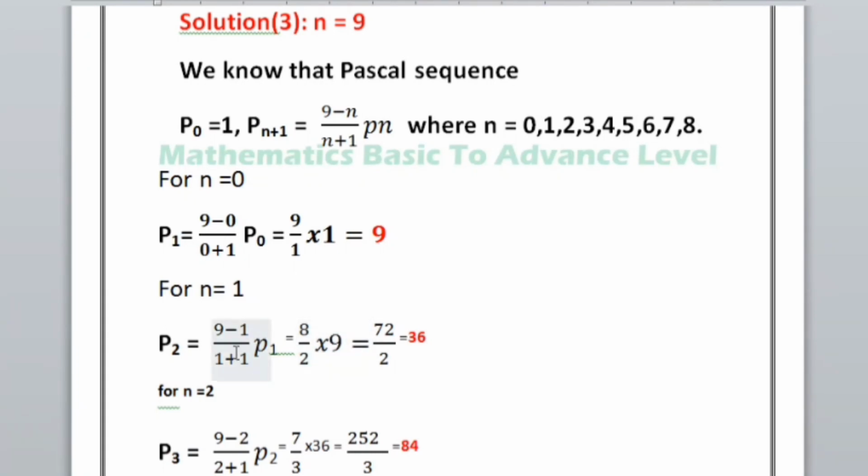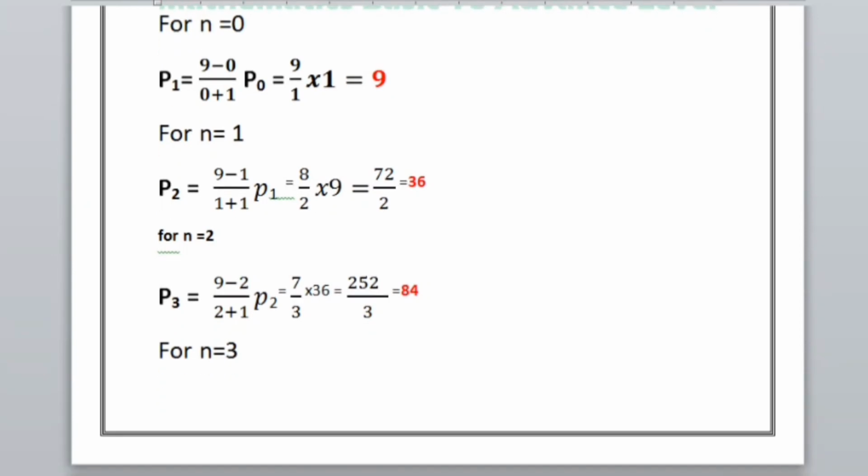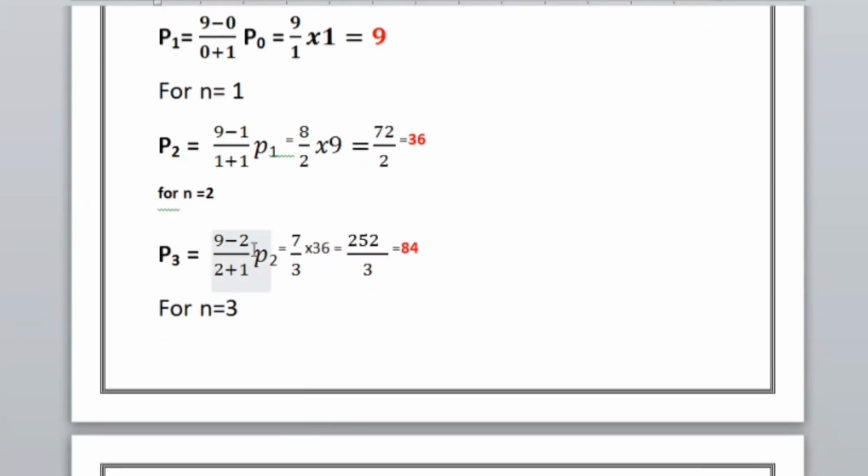So p2 is equal to 36. Next, for n is equal to 2, p3 is equal to (9 minus 2) divided by (2 plus 1) times p2, which is equal to 7 divided by 3 multiply 36. 7 multiply 36 is equal to 252 divided by 3, so 3 84s are 252.